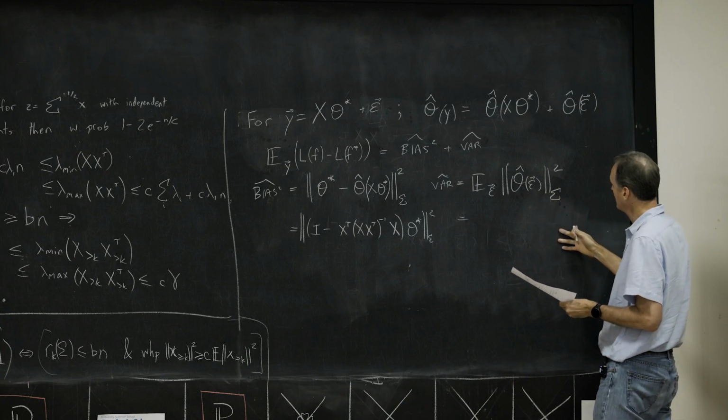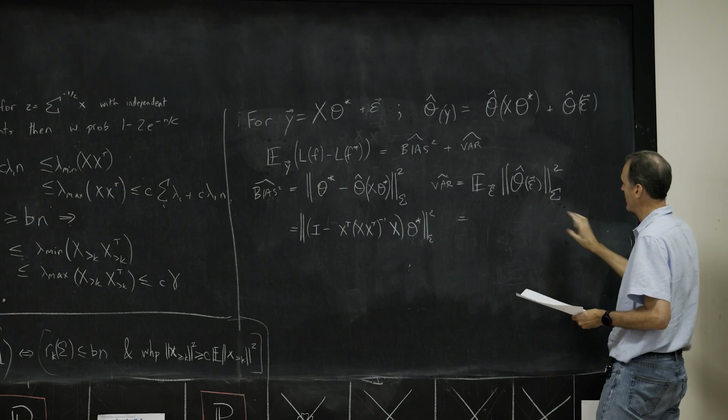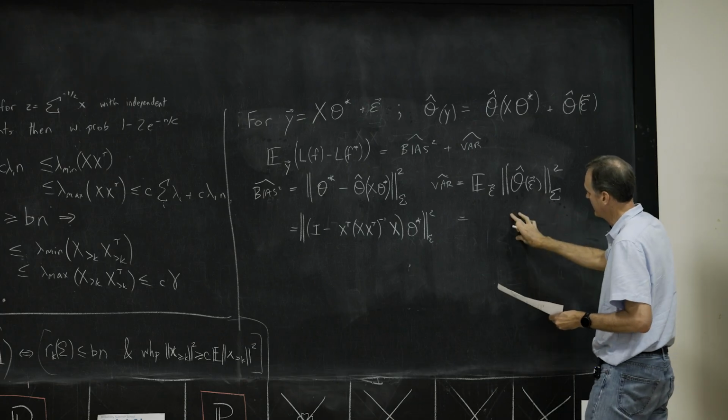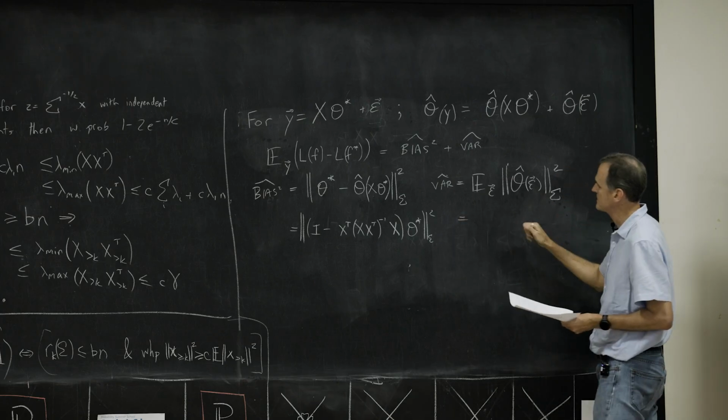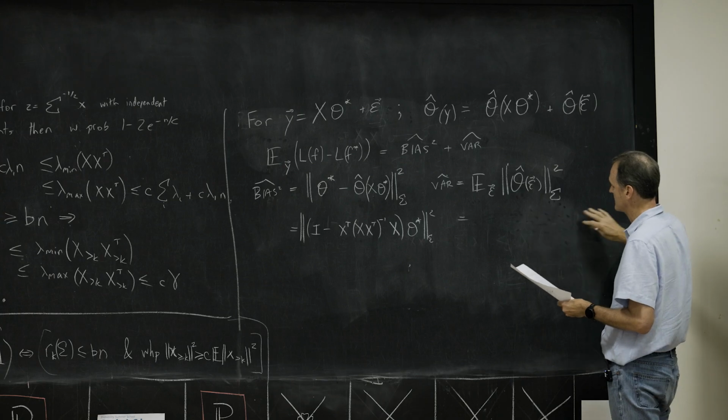Then we're looking at this quadratic form, so it's that thing with an epsilon and that thing transpose. So we get epsilon transpose times stuff.